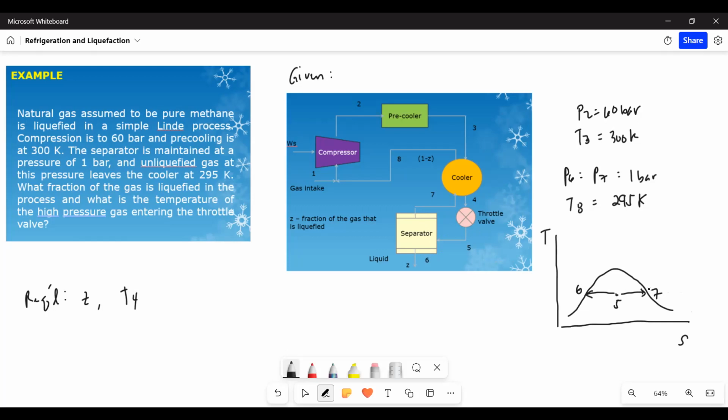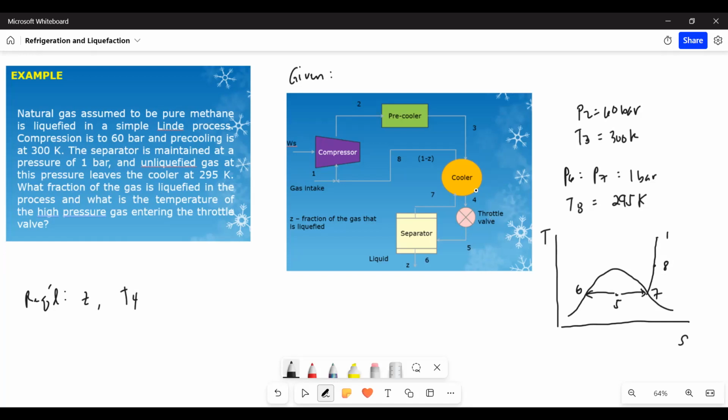The unliquefied gas is brought back to the original state at point 1. This is the point where the gas enters the compressor.